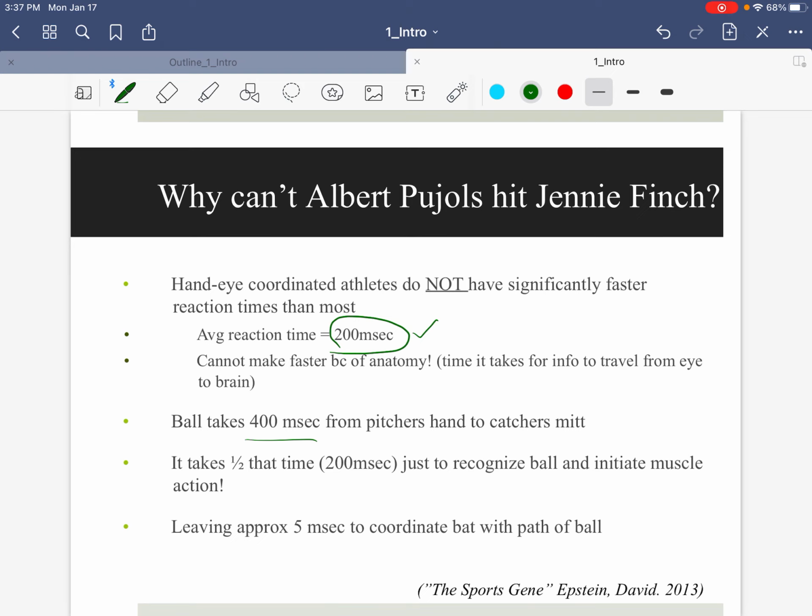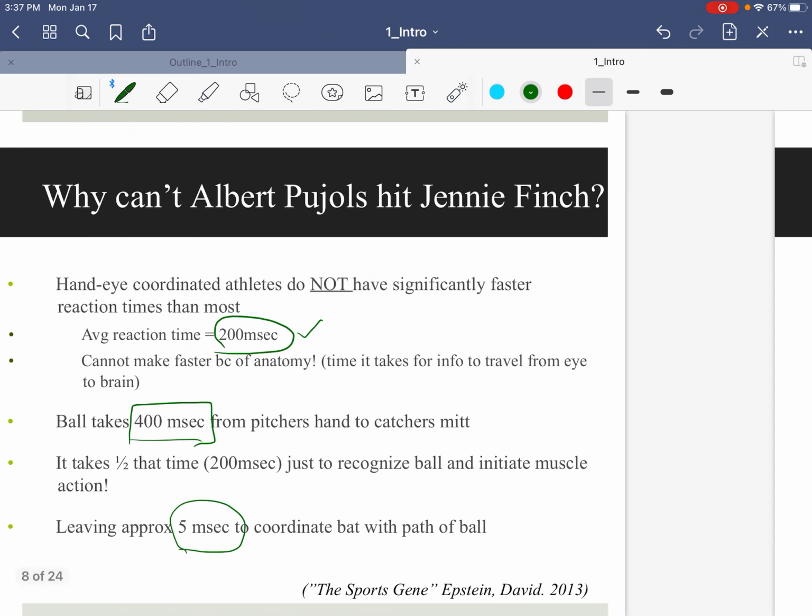So if Albert Pujols is trying to identify the pitch and then hit it, it takes half of the whole time from the ball getting from the pitcher's hand to the catcher's mitt just to recognize the ball, which basically means that when it's all said and done, a baseball player, or for that matter, a softball player, at bat has about 5 milliseconds once they initiate the swing of the bat to coordinate the bat with the path of the ball.